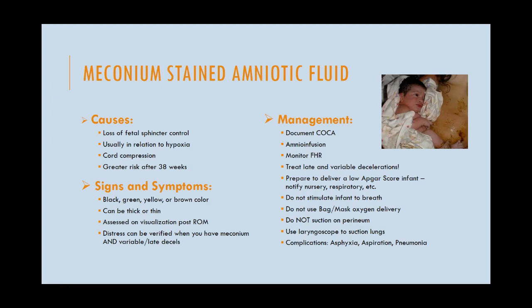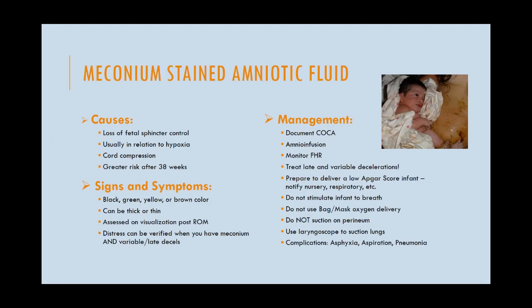So it could be something like cord compression. It's at a much greater risk after 38 weeks, and that should make sense because babies are getting bigger by that point. There's much more chance of them to compress the cord somewhere because they're bigger.